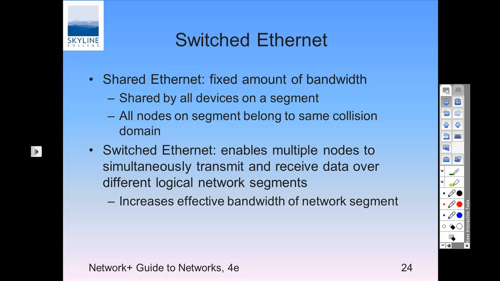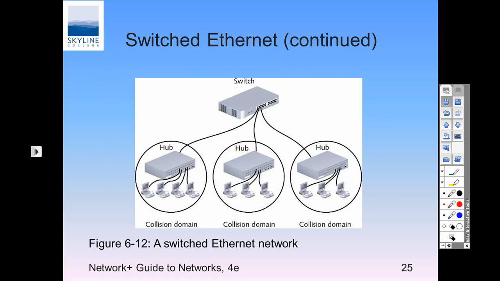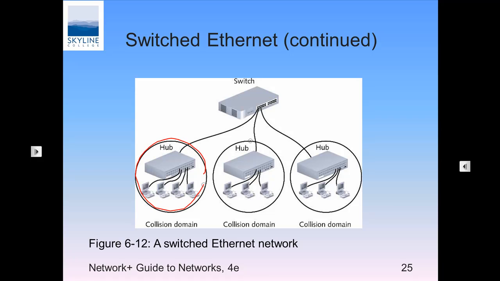A switch enables multiple nodes to simultaneously transmit and receive, and that's kind of what I was trying to get at. It increases the effective bandwidth of the network segment because we can transmit and receive at the same time, and the computer can handle that. The switch and the hubs, the switched Ethernet, and the reason they do collision domains. So in this one, these hubs are a collision domain here, because they're all in the same collision domain.